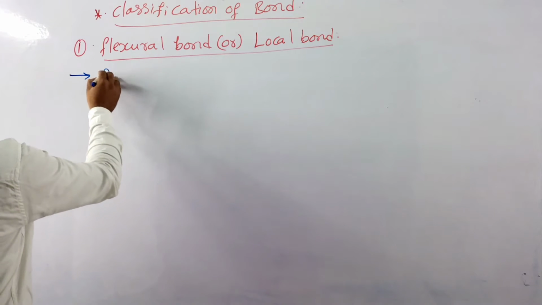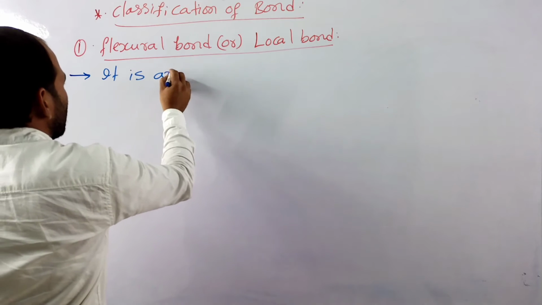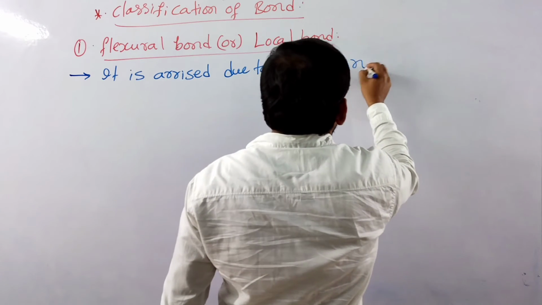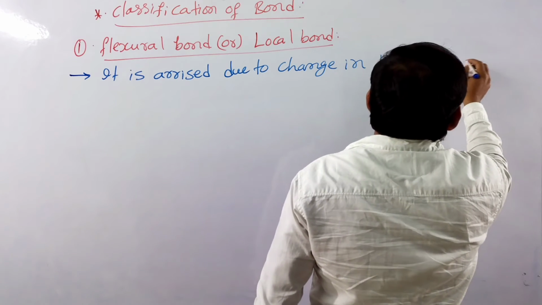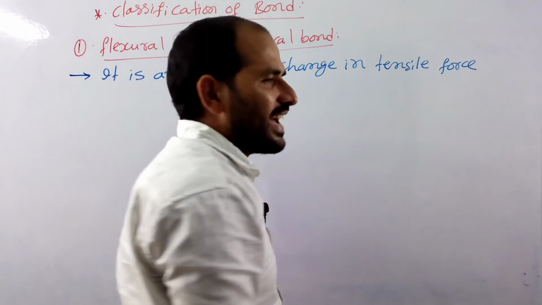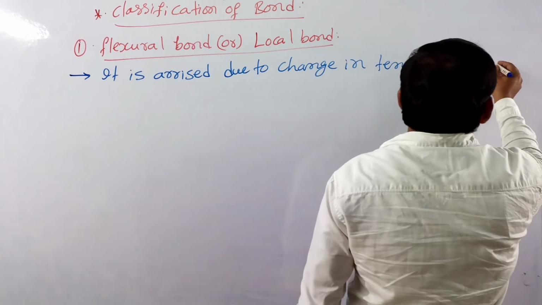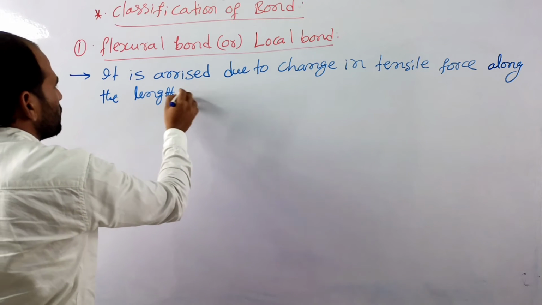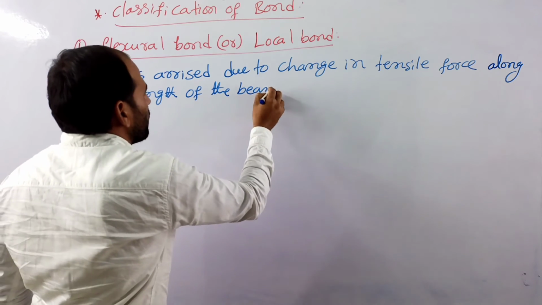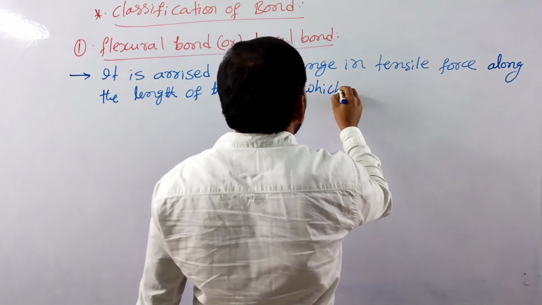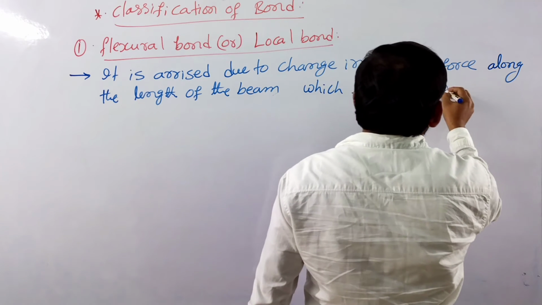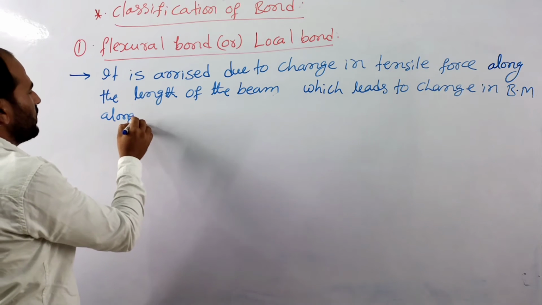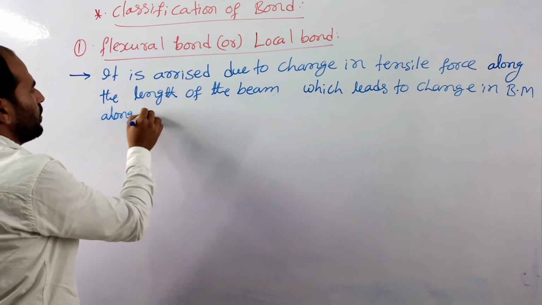It arises due to change in tensile force along the length of the beam, which leads to change in bending moment along the length of the beam.